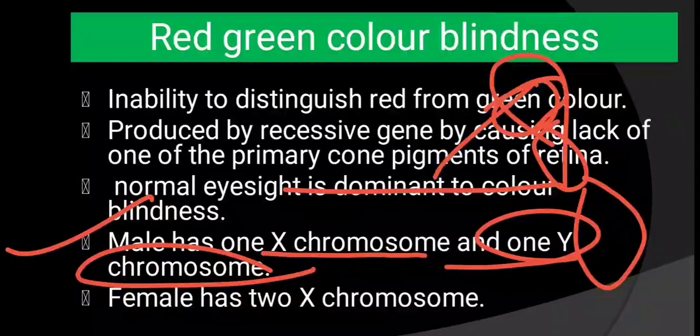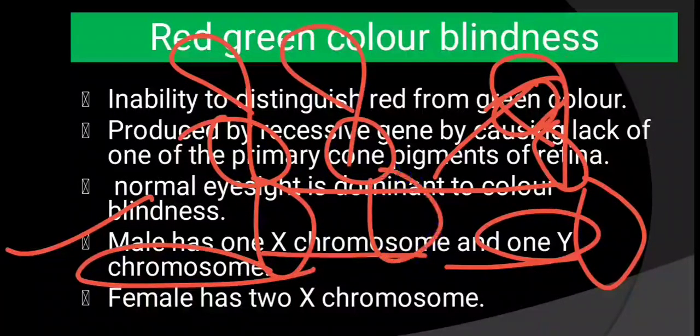But females have two X chromosomes, so for them to be affected, it is necessary that both chromosomes have the mutant gene. That's why males are more affected by this disease as compared to females.